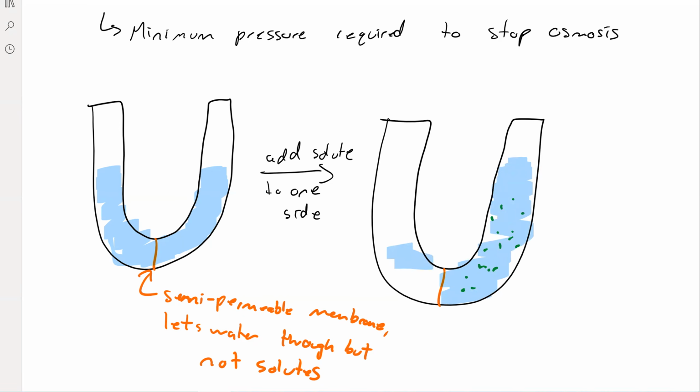And so it'll go to a higher level than the pure solvent side. So we'll say that the water flows to mix the solution. Right, and again, this is all entropy favoring mixing. You'll learn about that in Chem 102.